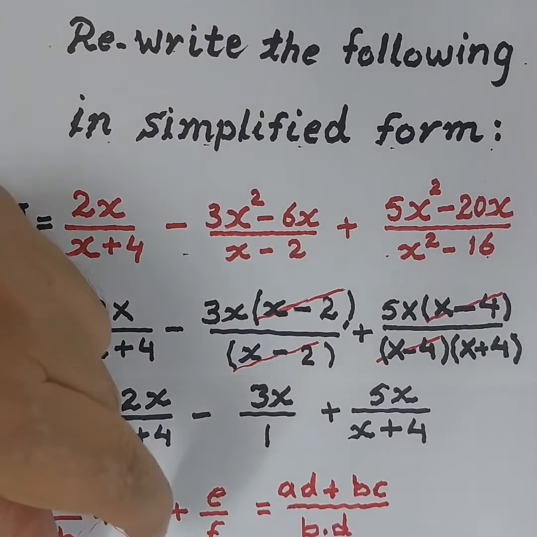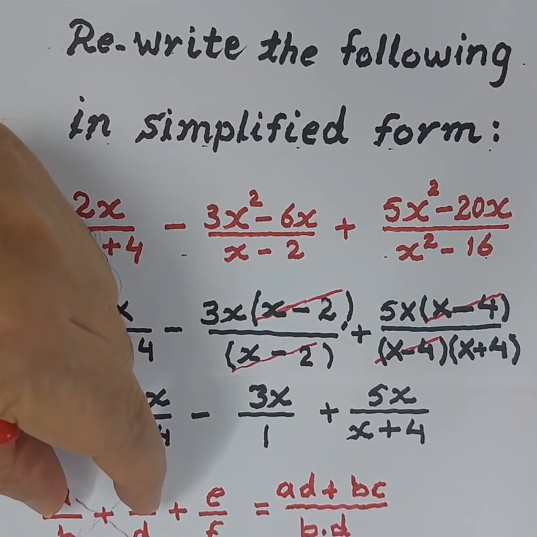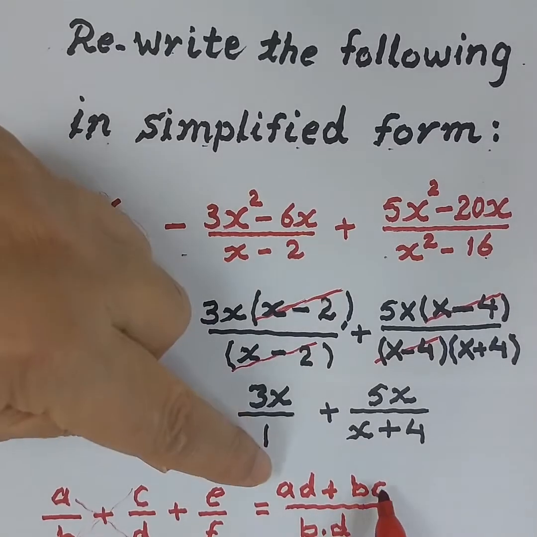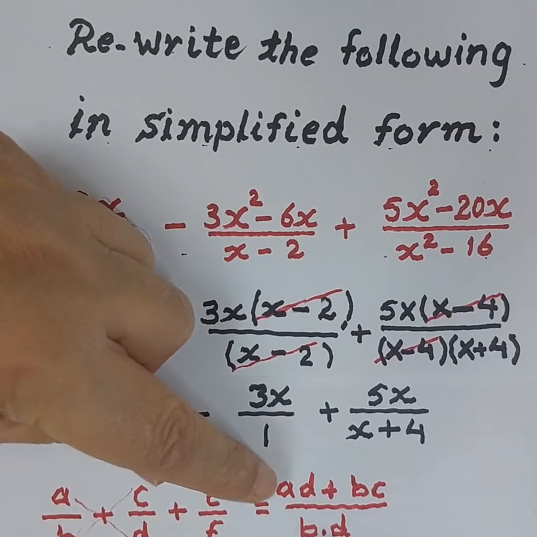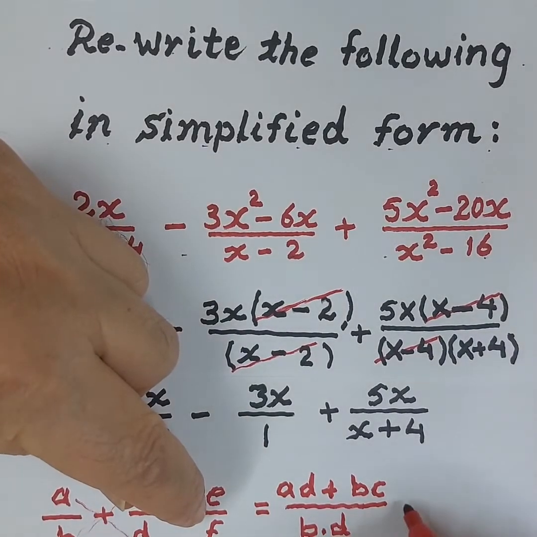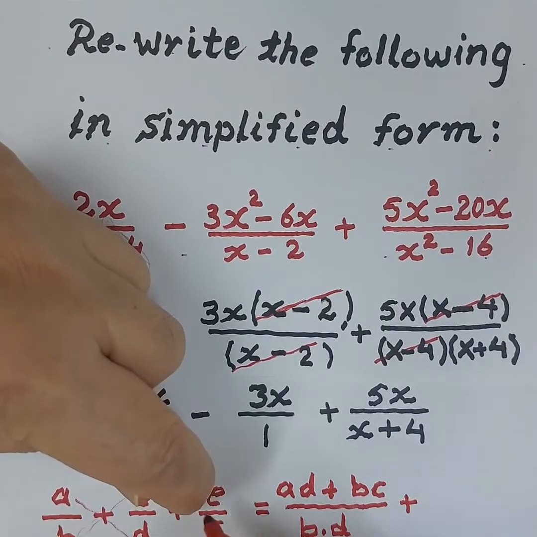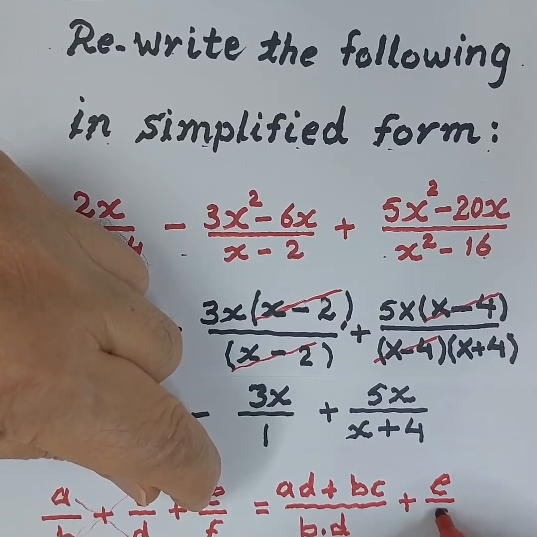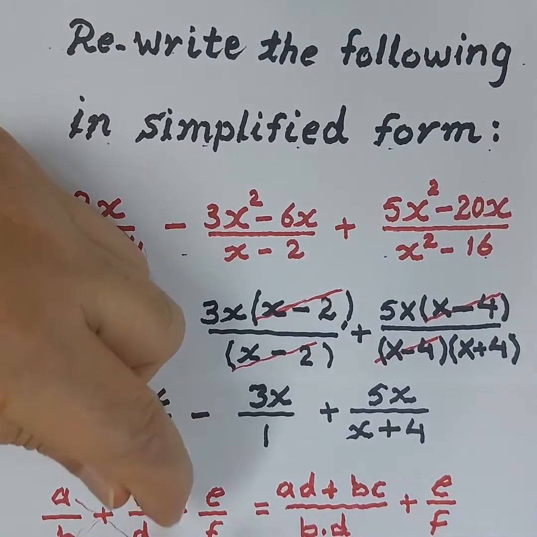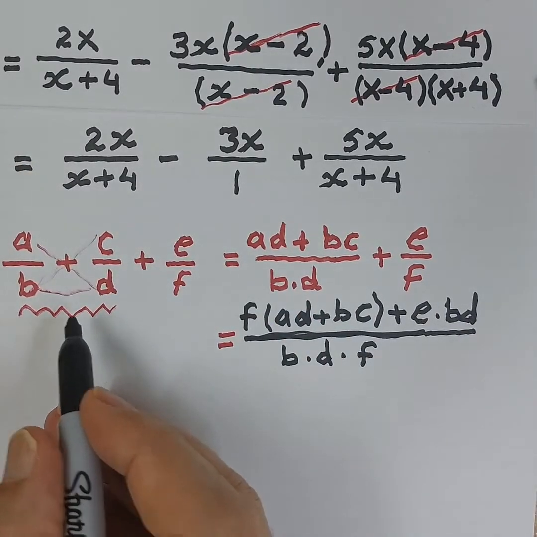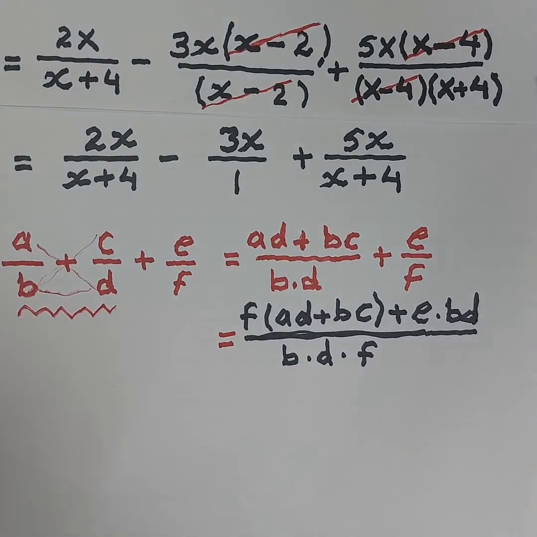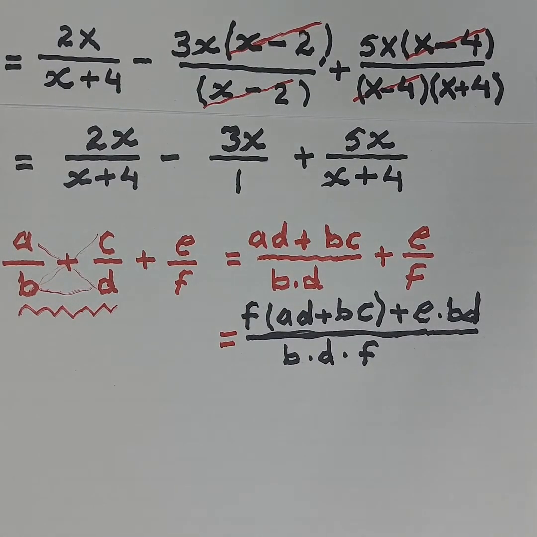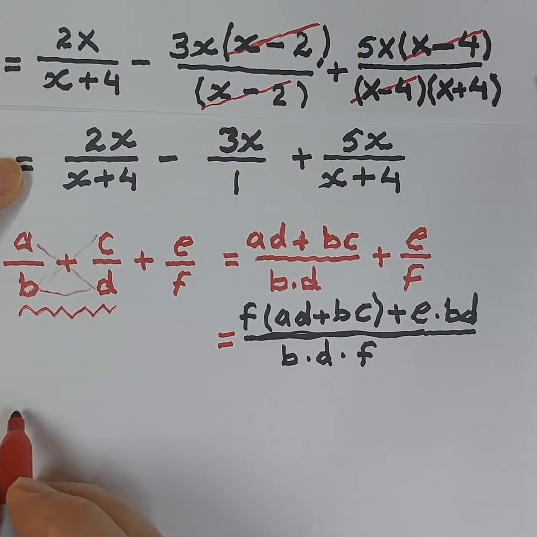So we got the result for the two rational quantities. Then we add again to this result e over f, and repeat again what we did for the result here.